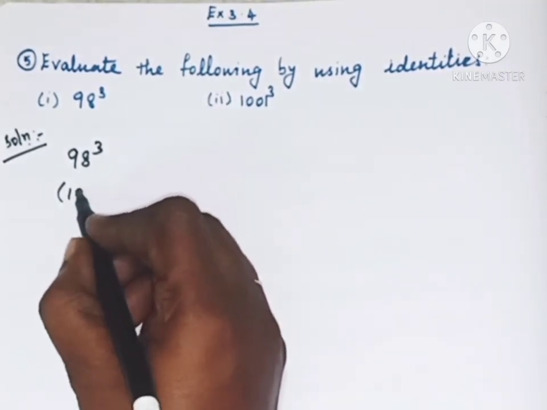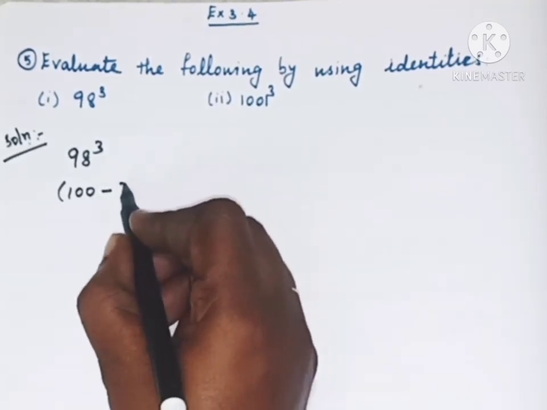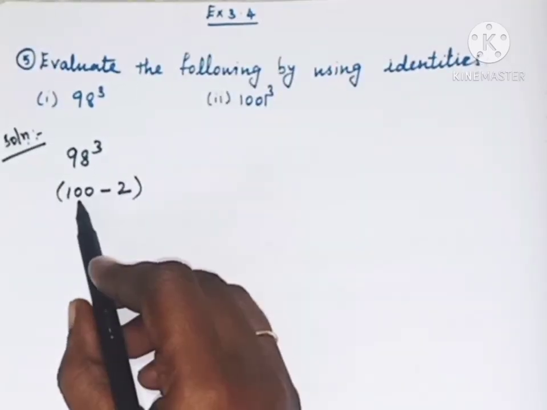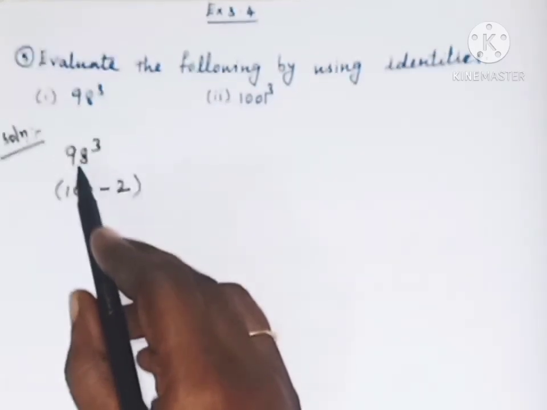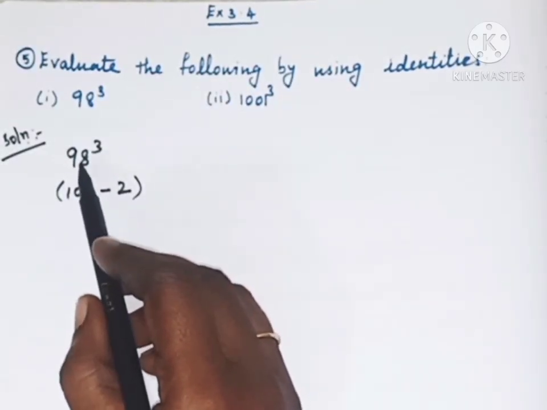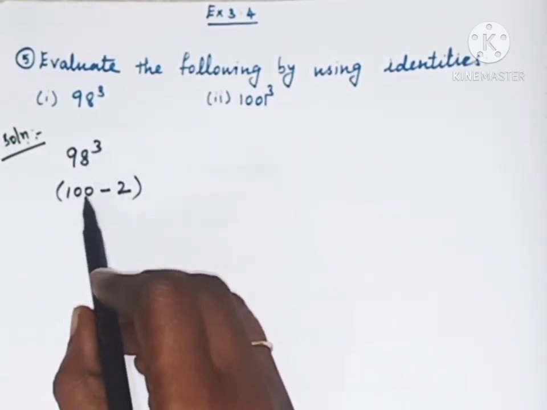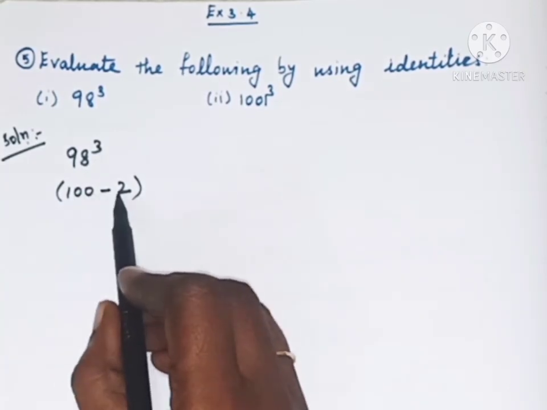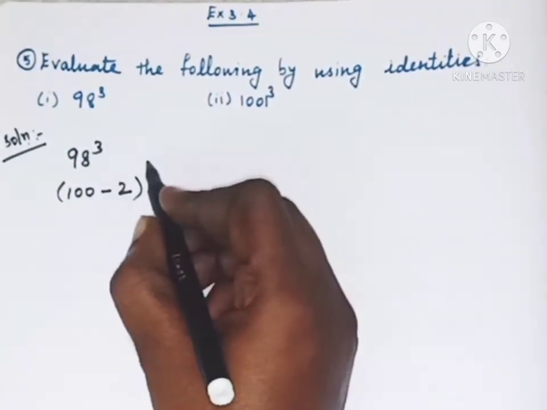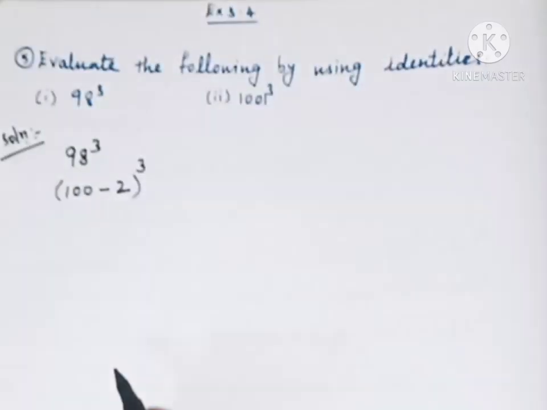98 can be written as 100 minus 2. Isn't it? 100 minus 2 is 98. So we can write 98 as 100 minus 2, and here the cube we have, so put (100 − 2) the whole cube.